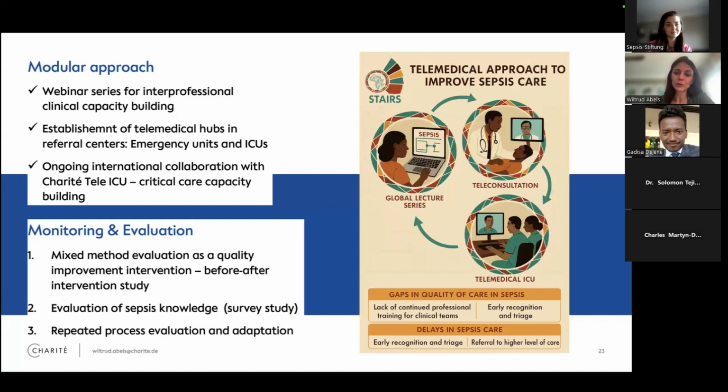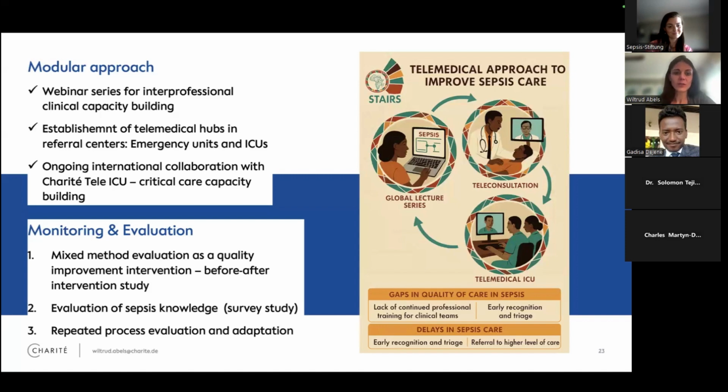We also use the teleconsultancies at the bedside, and also in the future case discussions with the specific hospitals as educational tools, as sort of knowledge exchange about specific cases, but also as a tool to continuously build expertise around sepsis.